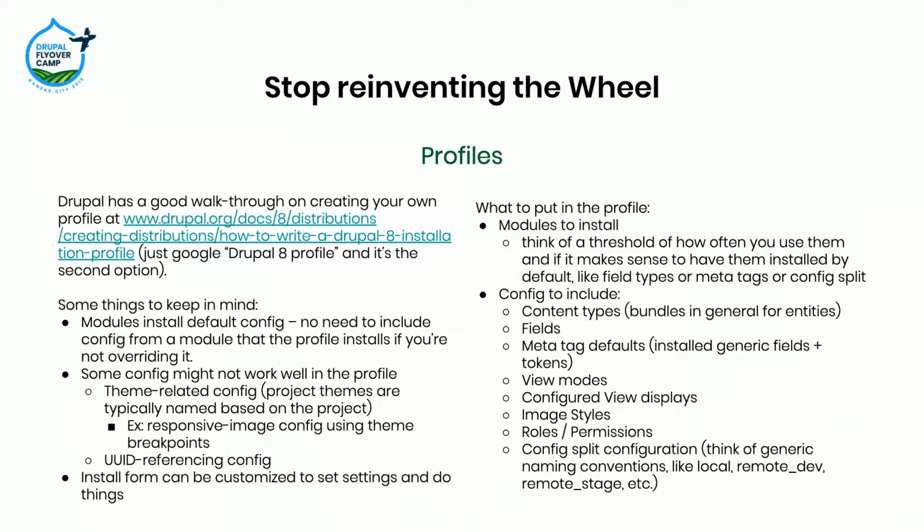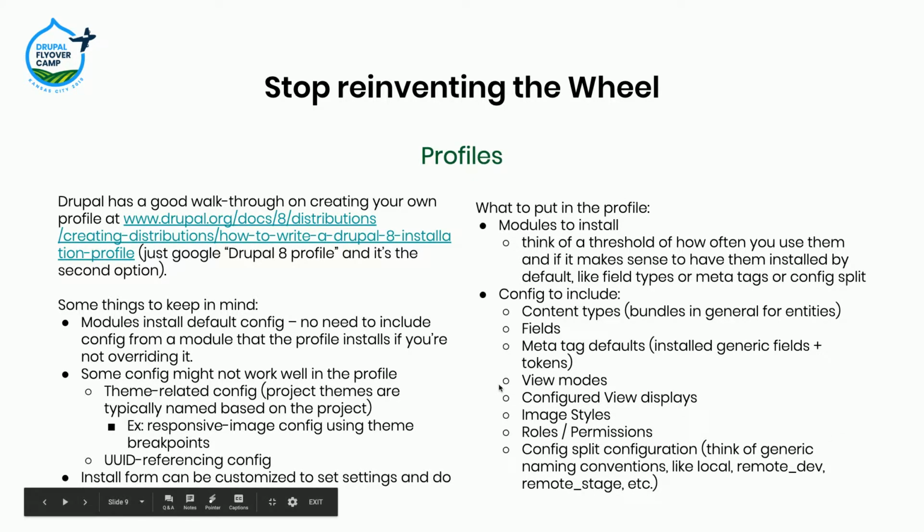And so having it set up and having uniform, okay, well, on prod, we're always going to have views disabled. We're always going to have advanced aggregation enabled. We're always going to have Shield or Basic Auth installed on stage and dev. Having those set up where all you have to do is install them, that you don't have to worry about that anymore. You don't have to give yourself a headache for 2 or 3 hours of sprint 0 by doing that.